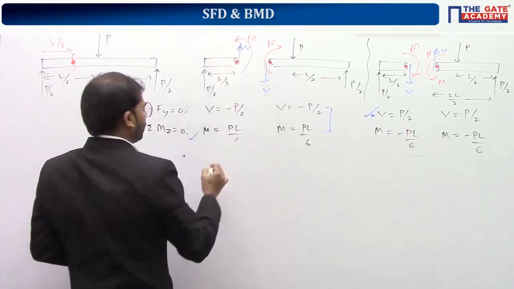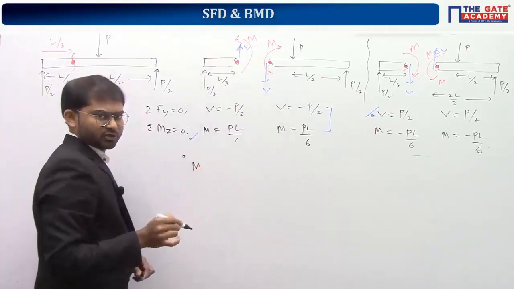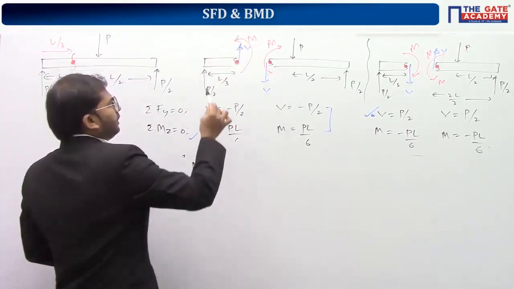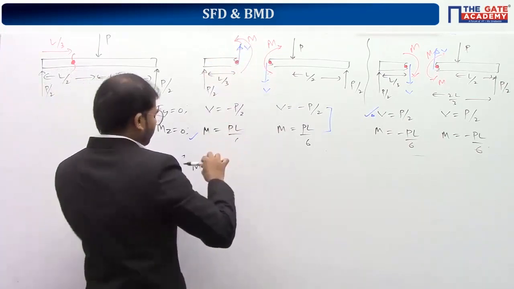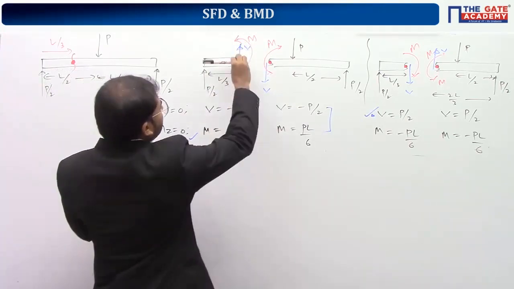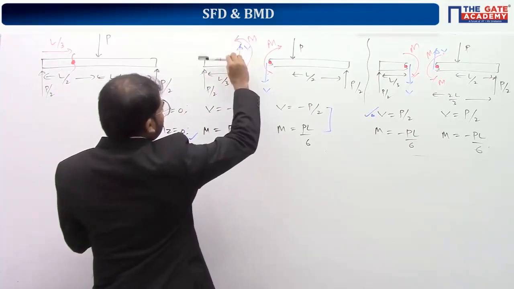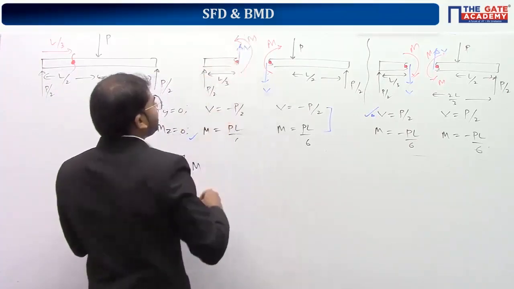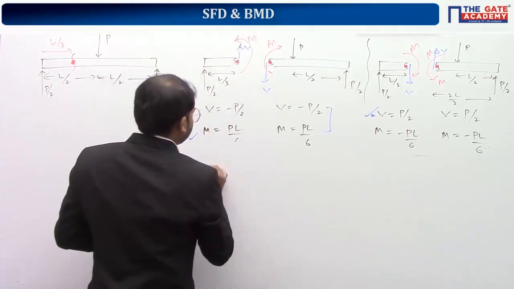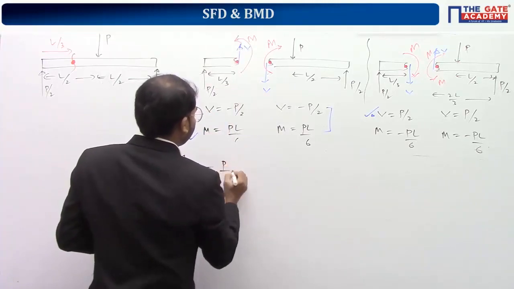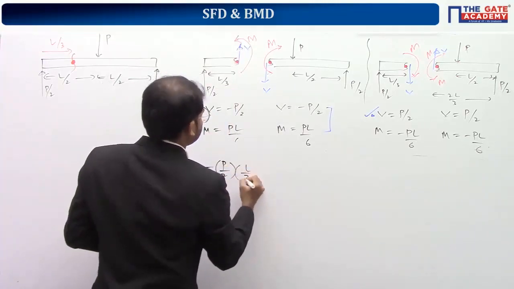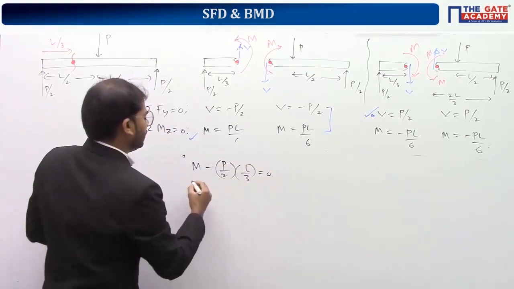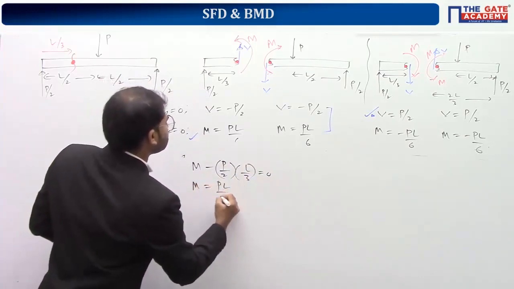M is acting anti-clockwise, and anti-clockwise moments we take as positive. Then P by 2 is acting, and this P by 2 gives rise to a clockwise moment. So P by 2 into L by 3, with a minus sign because it is clockwise, force into distance. All should add up to 0, so M comes out to be PL by 6.